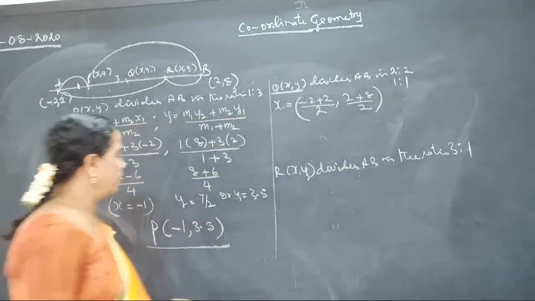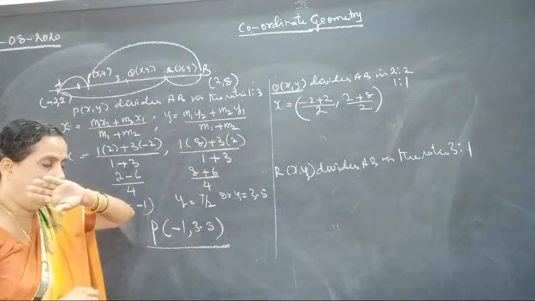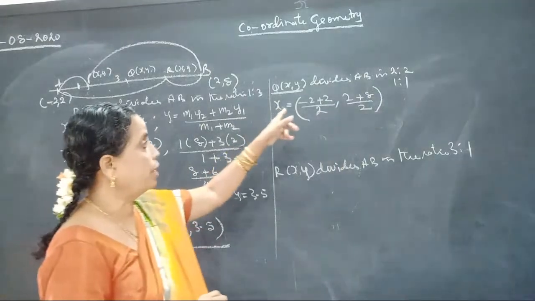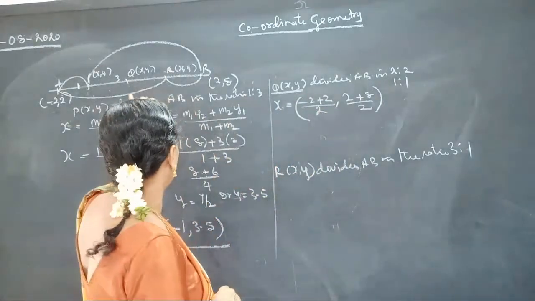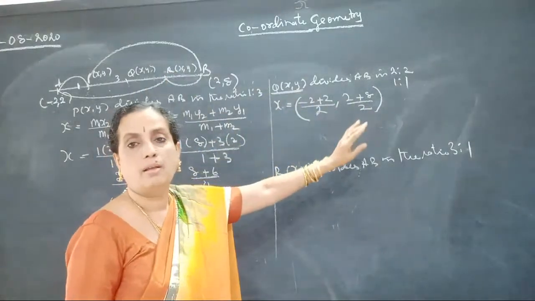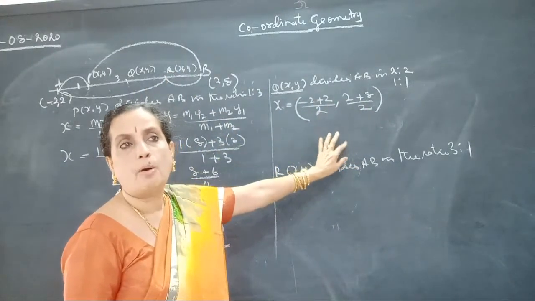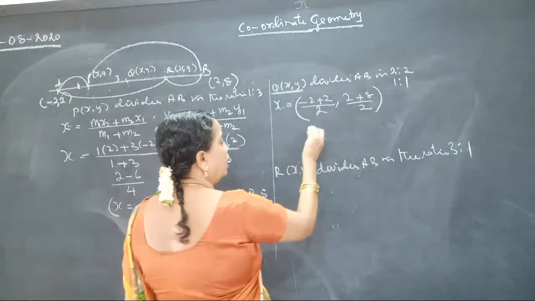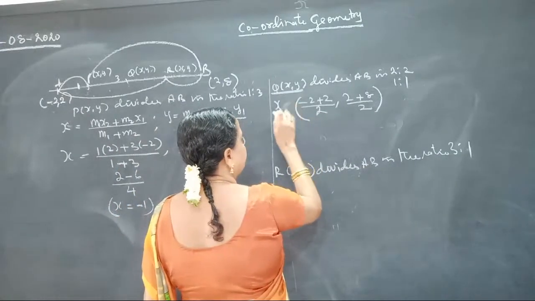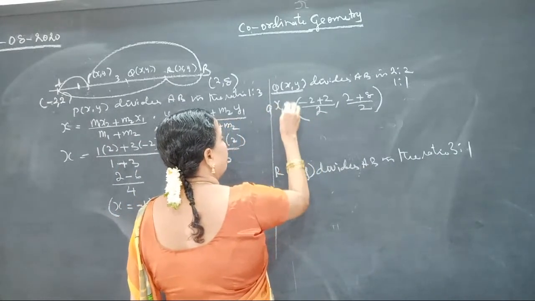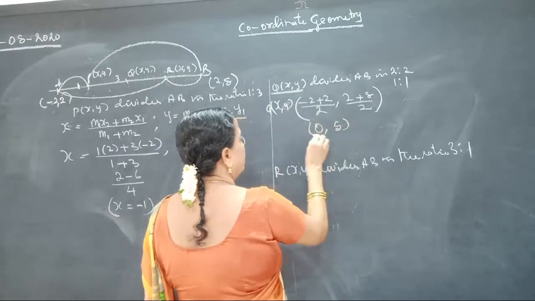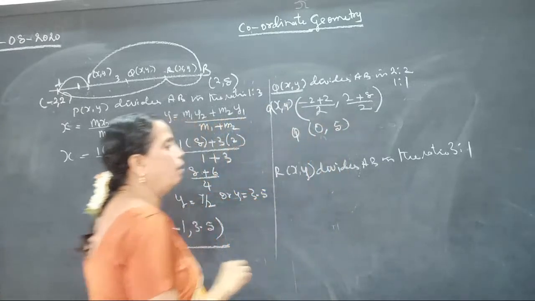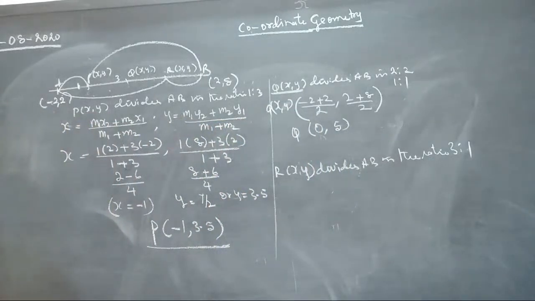Instead of using the section formula, since its ratio is 1 is to 1, we divide it in the ratio 2 is to 2 as 1 is to 1. We apply the midpoint formula so that you will get x equals 0, y equals 5. This is the ordered pair of point Q.